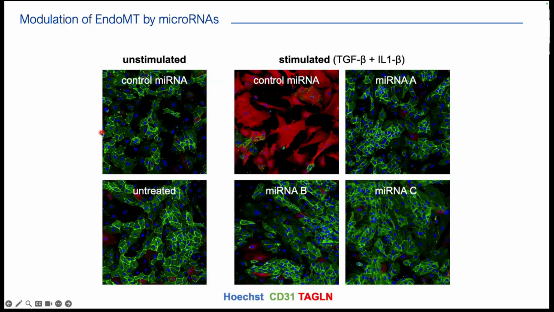What you can see here is that in unstimulated cells, you see very strong CD31 staining. When you stimulate the cells, we get this mesenchymal staining, very strong, whole cells red. And then the cells treated with microRNAs that we identified as top of the screenings revert completely to a non-stimulated phenotype. So these are potent blockers of these processes, and we are following up on these now.